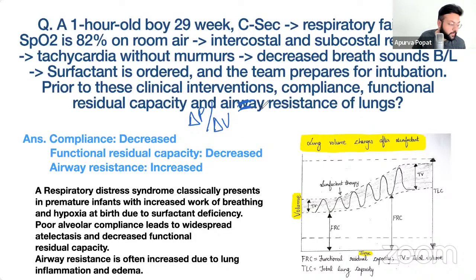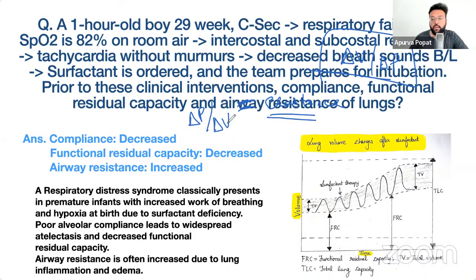No. Compliance is delta V by delta P. Okay. What is delta P by delta V? This is elastance. Compliance is delta V by delta P, and delta P by delta V is elastance.